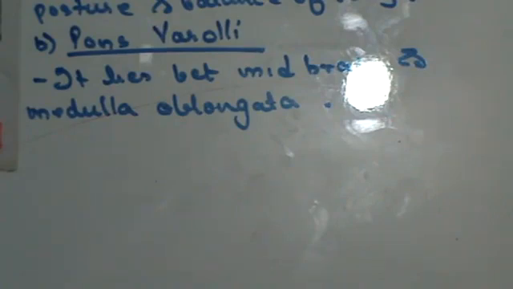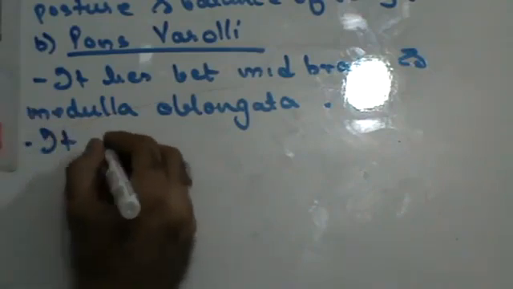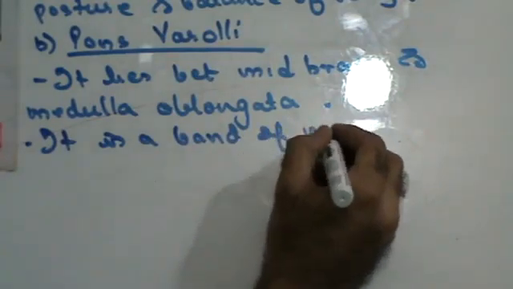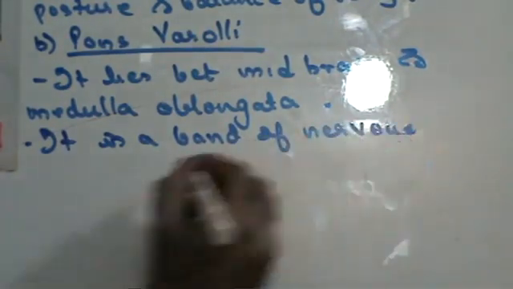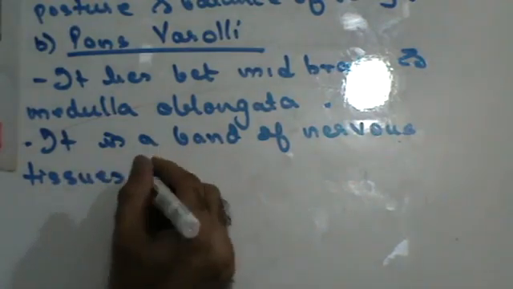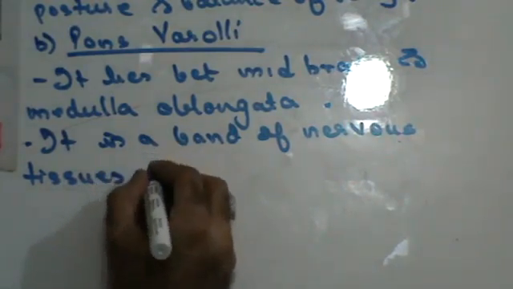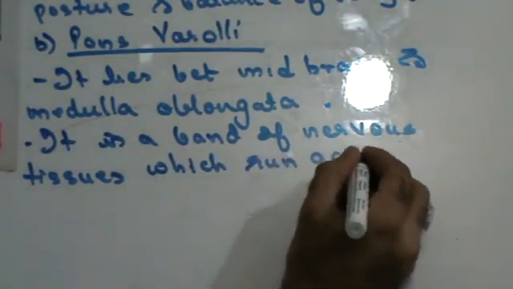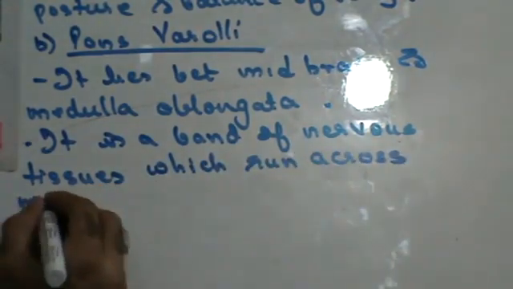It is a band of nervous tissues which run across the medulla.